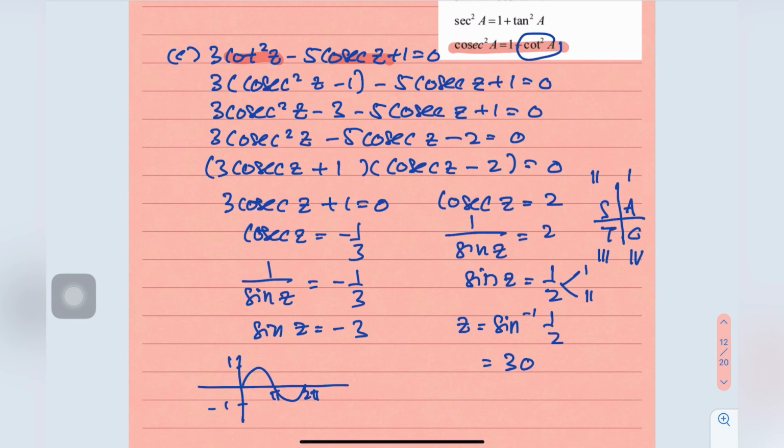In quadrant 2, 180 minus 30, which equals 150. If you want to convert this to radians, multiply by pi over 180, which gives pi over 6 and 5 pi over 6.